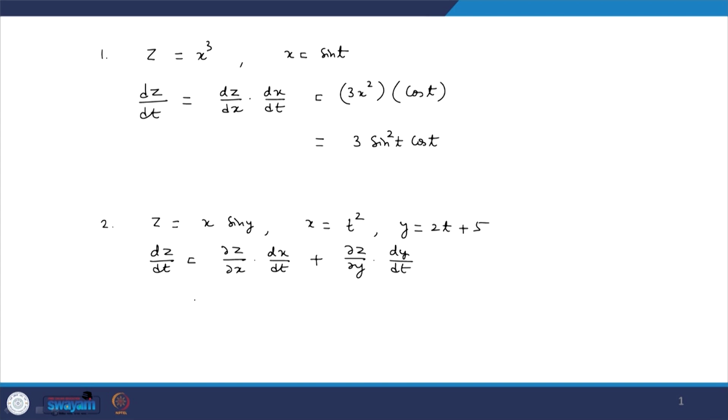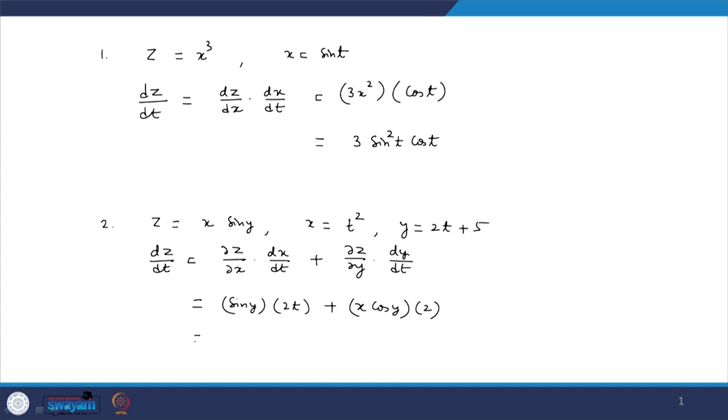So, that is equal to, del z by del x is what, sin y. Dx by dt is what, 2t, plus del z by del y is what, x cos y, and dy by dt is what, 2. So, now you can substitute x as t square and y as 2t plus 5.